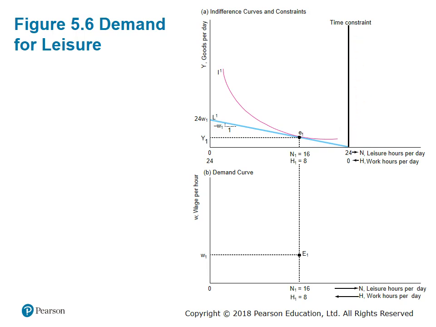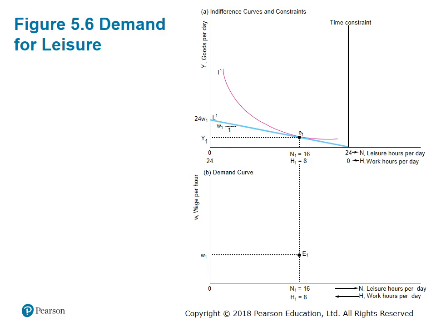We can use the time constraint in a little trick. We can also measure the hours of work on the horizontal axis because the hours of work are equal to 24 minus the hours of leisure. So we can measure the hours of leisure on the horizontal axis from left to right, from 0, which are the minimum hours of leisure on the left, to 24, the maximum hours of leisure on the right-hand side.